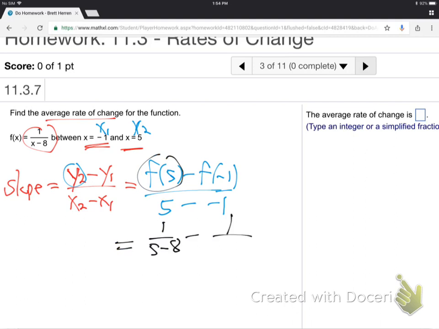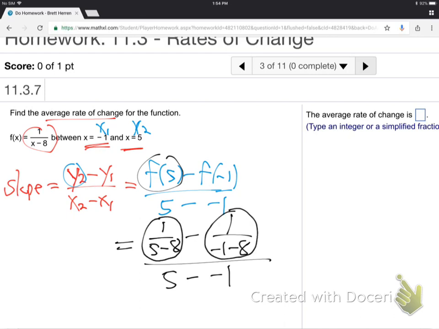And f of -1 means plug -1 into the function. How are we doing so far? Right, this right here is f of 5. This right here is f of -1.